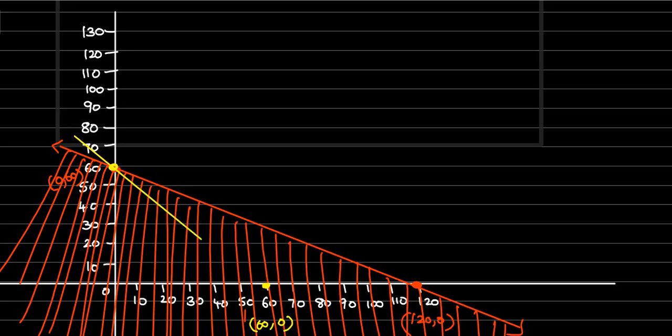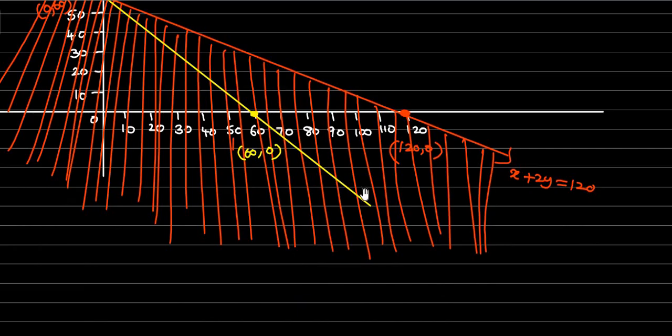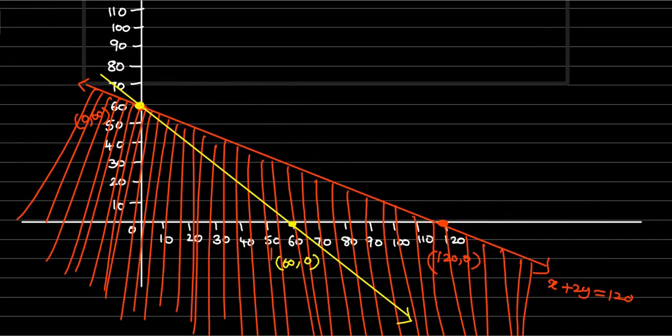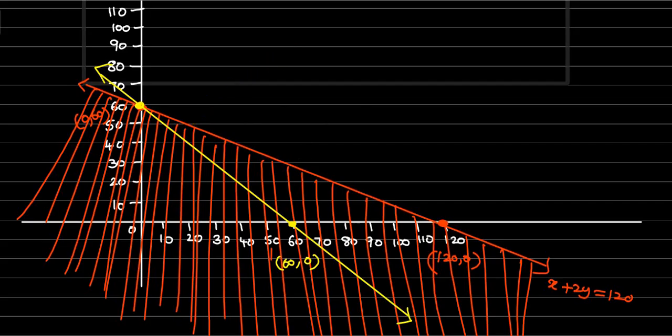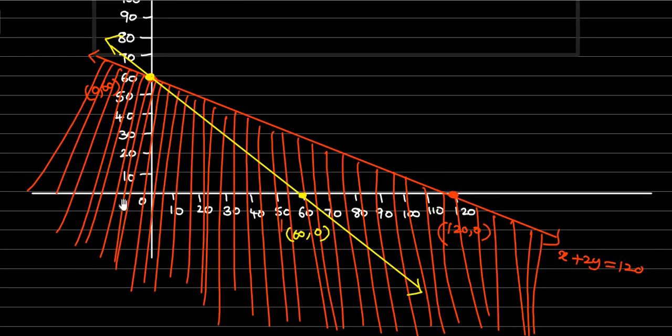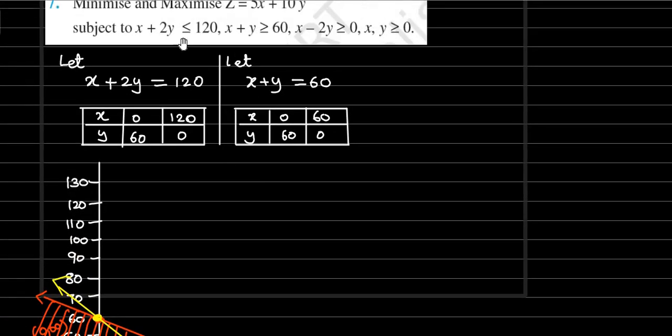Okay, so this yellow line again divides the graph into two portions. One is above this portion, this side, the other is below. Now we have to identify where the actual solution space is for the given inequality. So let me take the same 0 comma 0 and check whether it's satisfying or not.